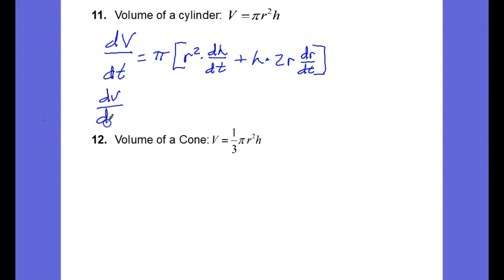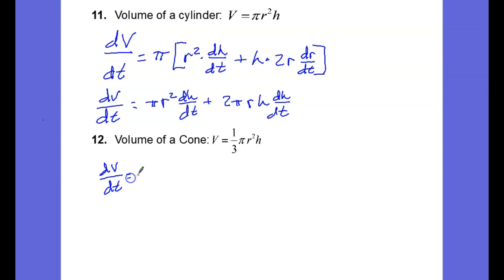So dV/dt is equal to pi r squared dh/dt plus 2 pi r h dr/dt. In number 12, we're given the volume of a cone. Volume of a cone, again, has r squared times h, so we'll be differentiating via the product rule. We have dV/dt is equal to, and 1/3 pi is a constant, so that's going to come out front.